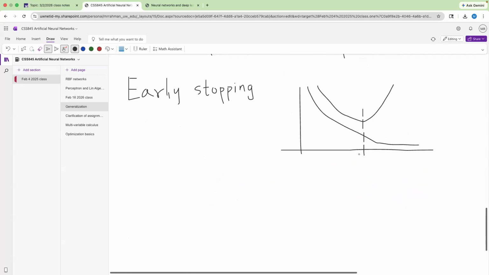So if you stop, let's say somewhere here, then likely the gap between the test and training error is still within our bounds, and we might be able to generalize well. Whereas here, the gap is much higher, and that's not where we want to be.